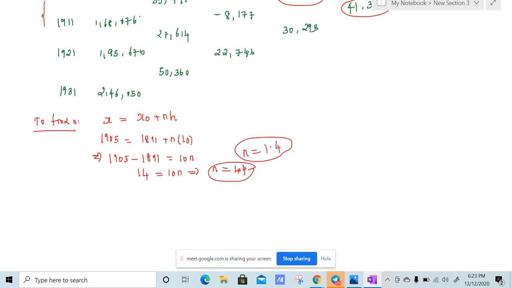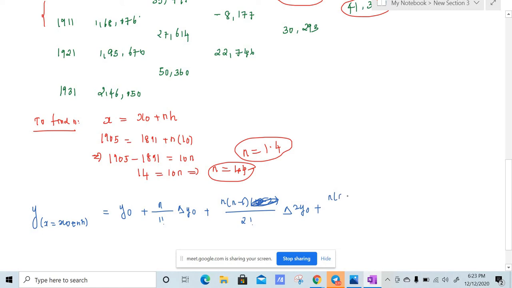So what is the formula? y of x, that is y of x naught plus nh, is equal to y naught plus n by 1 factorial del y naught plus n into n minus 1 by 2 factorial del square y naught plus n into n minus 1, n minus 2 by 3 factorial del cube y naught plus n into n minus 1, n minus 2, n minus 3 by 4 factorial del power 4 y naught.